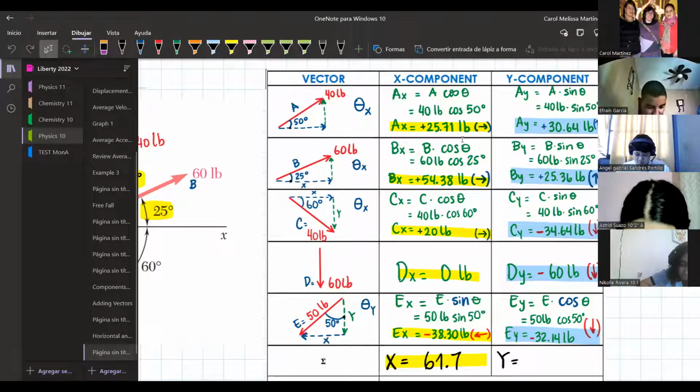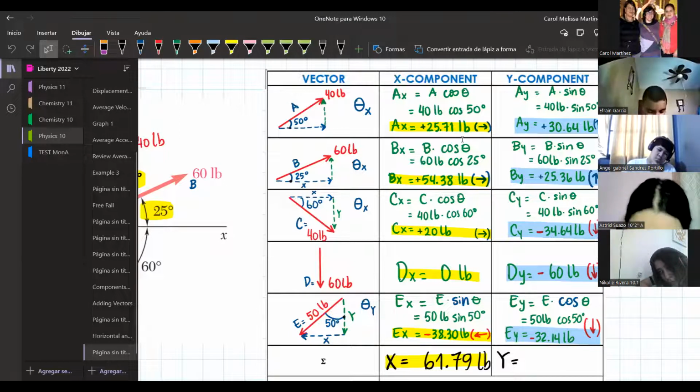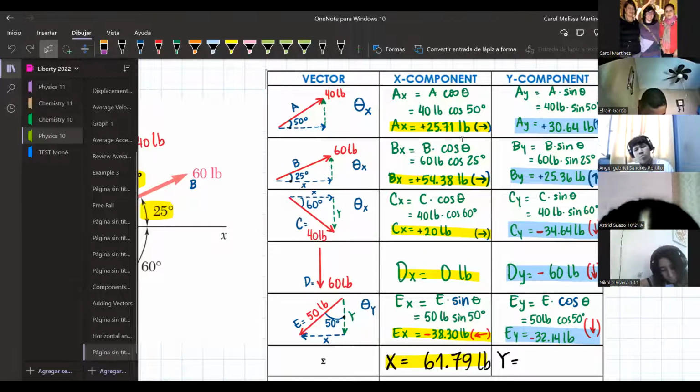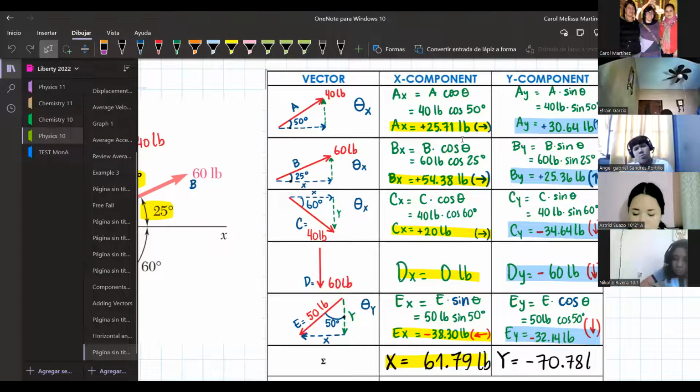Now in Y, you add or subtract, depends on the symbol. It's going to be negative 17.78. Exactly. Very good, Astrid. It's going to be negative 70.78 pounds. And I like to highlight the negative sign with red.